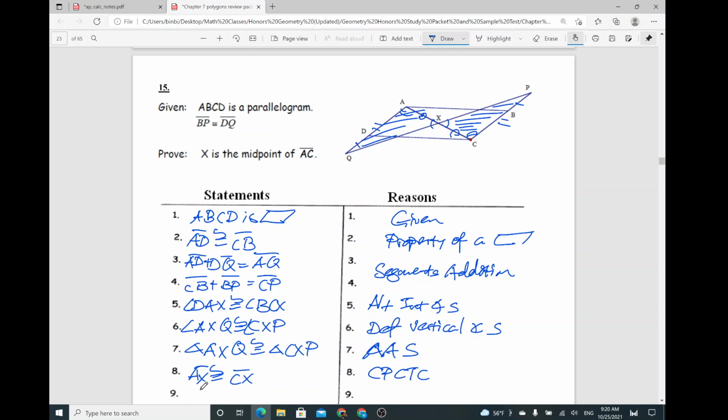And therefore, by the definition of a midpoint, we can say that X is the midpoint of AC.